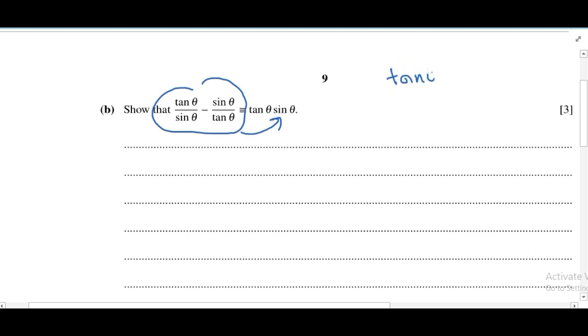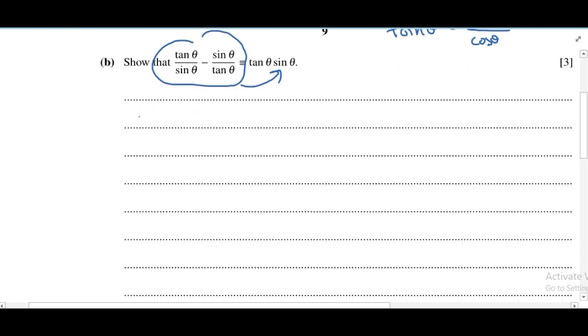Tan theta equals sin theta divided by cos theta. So in our question it would become sin theta over cos theta, whole divided by sin theta, minus sin theta, whole divided by sin theta over cos theta.